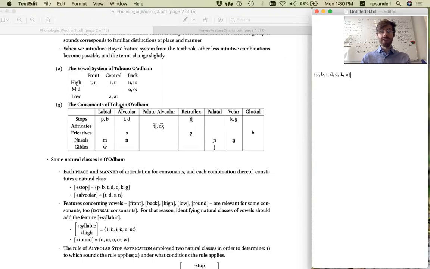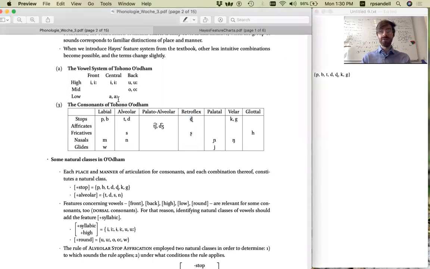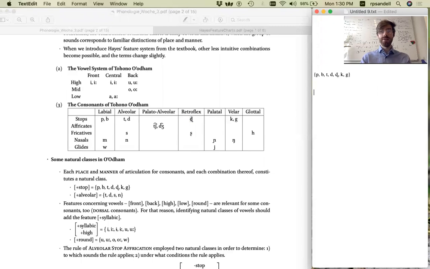If we wanted to identify a natural class consisting just of some consonants that have the same place of articulation, we could look at the 4 consonants found in the alveolar column. And there we have 2 stops, the stops t and d, one fricative, s, and a nasal, n. So each of these 2 groups would be a natural class.